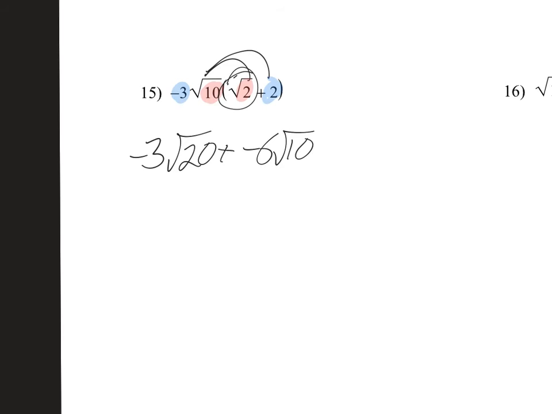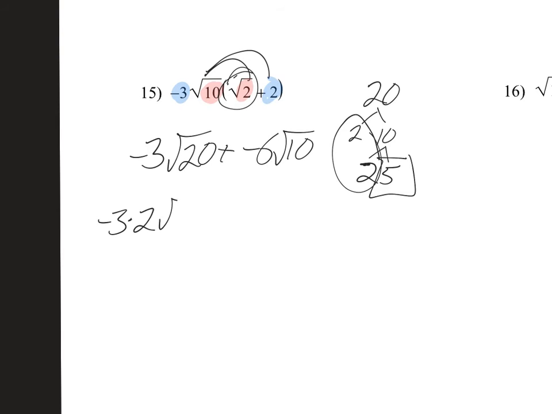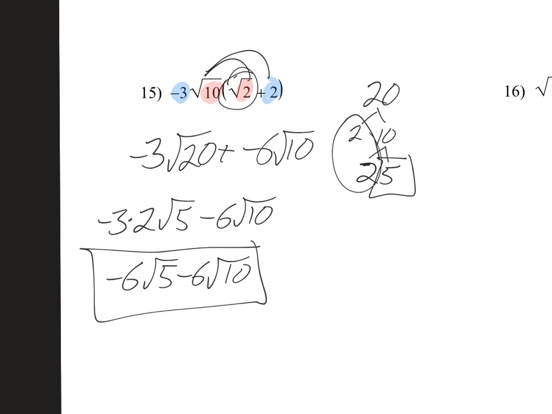So 20, I can do 2 and 10, 2 and 5. So that's a pair of 2's and a 5. So that tells me I'm going to have negative 3 times 2 radical 5 plus, let's make that a minus. Minus 6 radical 10. So that's negative 6 radical 5 minus 6 radical 10.